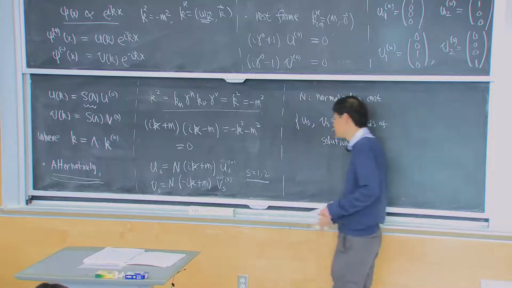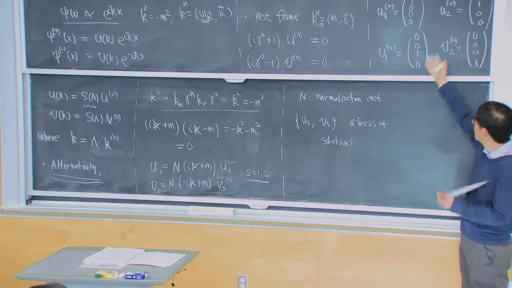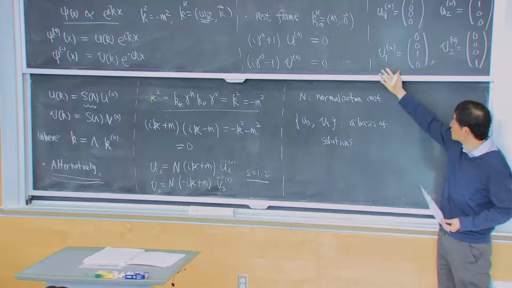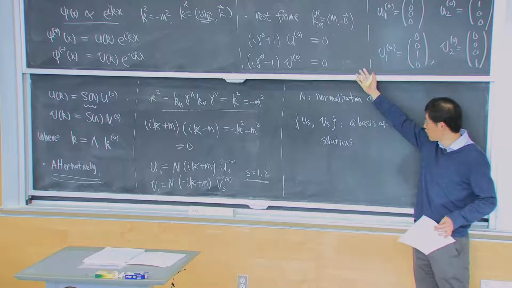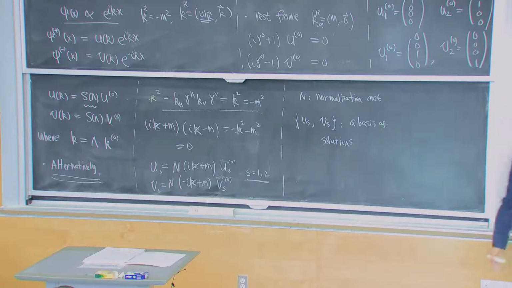We can be sure these are complete bases because we already know the solution at the rest frame, and we just have the right number of independent solutions.